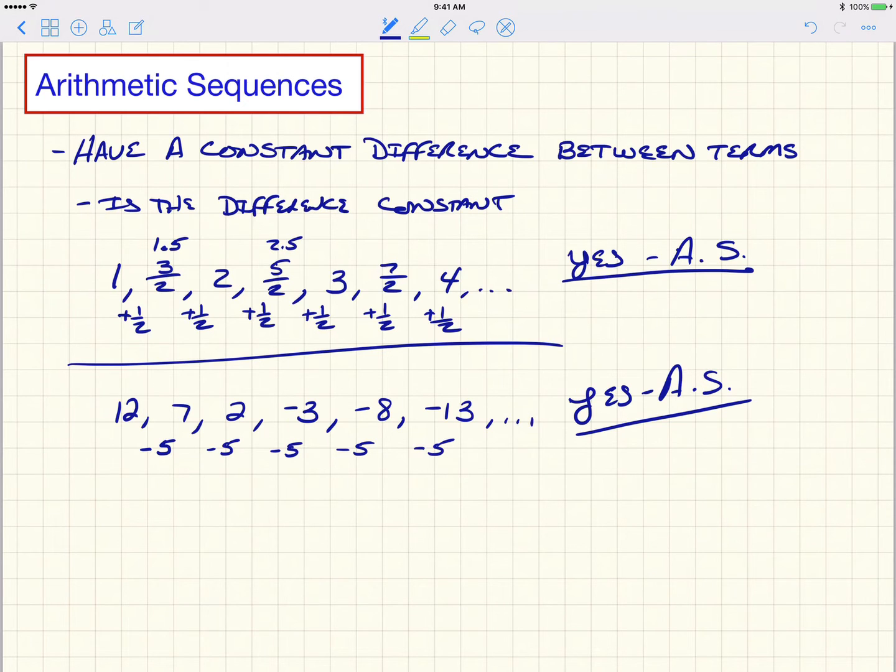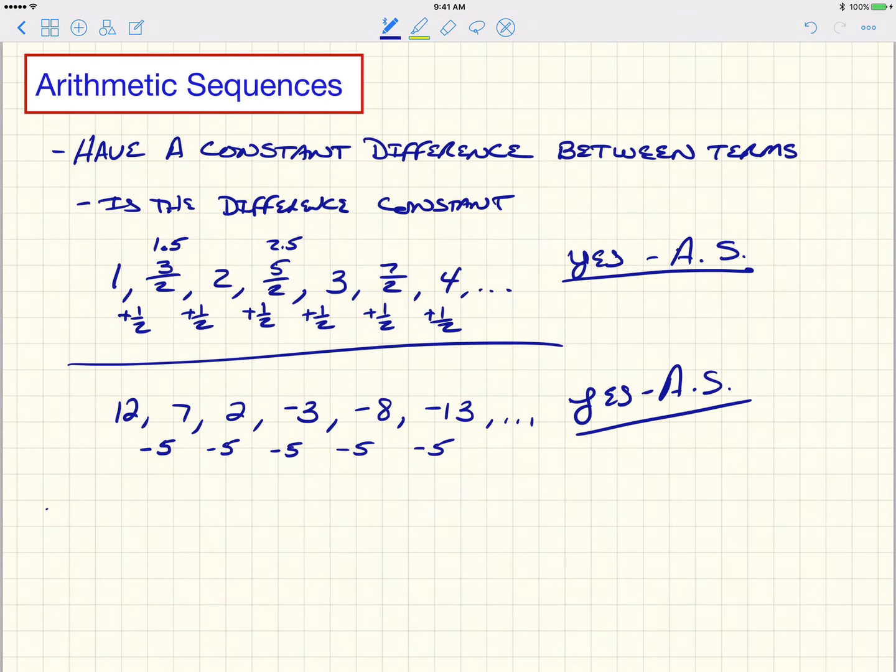So it doesn't matter if the difference is positive or negative, we are describing a line, because the rate of change is constant. And that's what we're really looking at. What is the rate of change? Is it a constant value, yes or no?